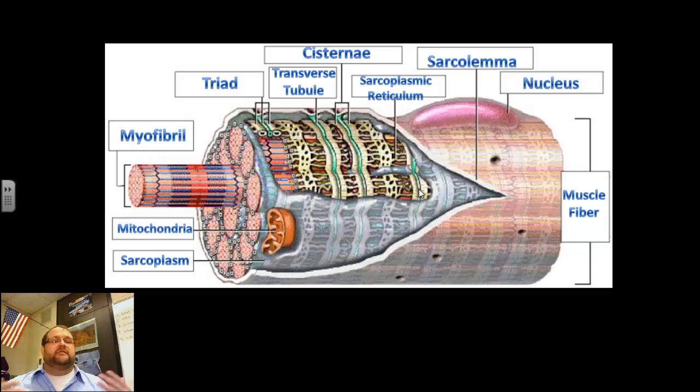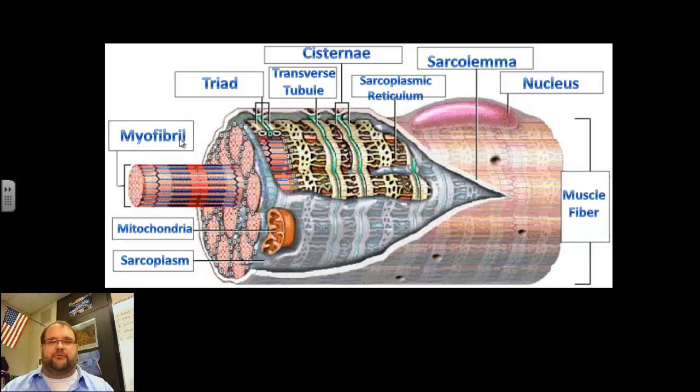Now, we notice that the muscle is just a collection of fascicles, and a fascicle is a collection of these muscle fibers. Well, a muscle fiber is a whole bunch of smaller fibers called myofibrils. Muscles sort of remind me of those Russian nesting dolls, if you know what I'm talking about.